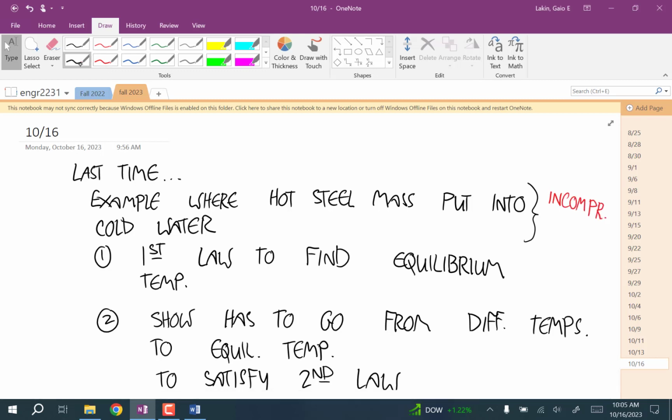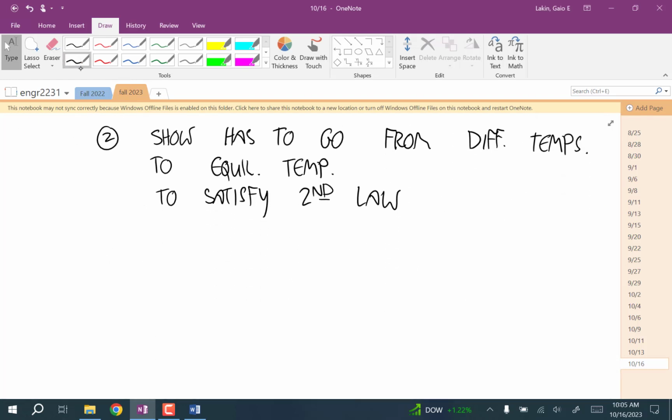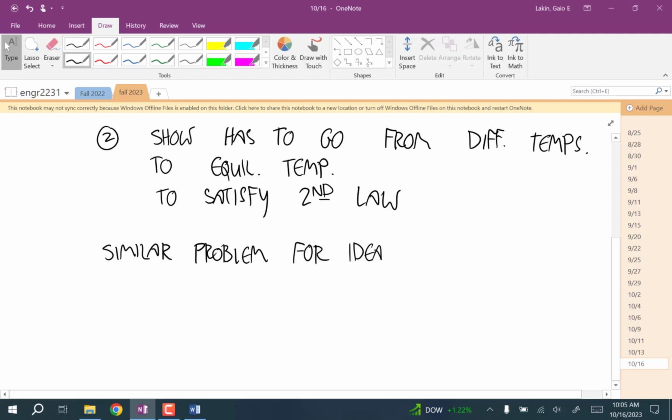So now let's do something similar with ideal gases. There's a lot of stuff we know about ideal gases. I think it's a good idea every time you see a problem with incompressible materials or ideal gases to refresh your memory on what you know about those things.